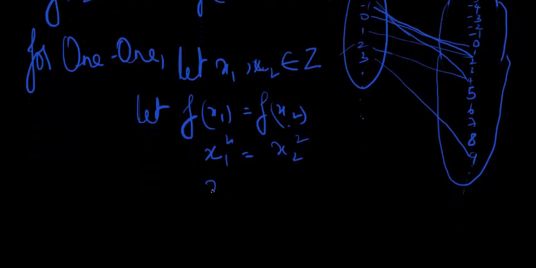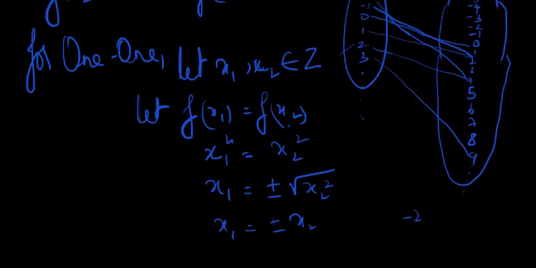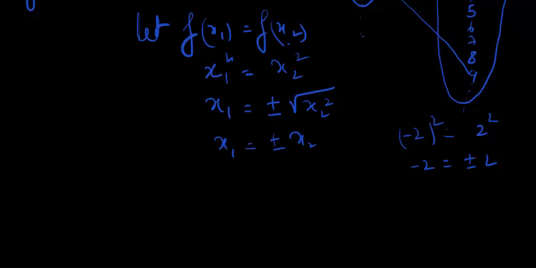So what happens here? x1 is going to be equal to plus or minus root of x2 square. So x1 is basically equal to plus or minus x2, which is true, isn't it? Because here I've gone ahead and said that minus 2 square is going to be equal to 2 square, which ideally means that minus 2 is equal to plus 2 or minus 2, which is true, isn't it? So this proof is done. So I now know that it's not a 1-1 function.